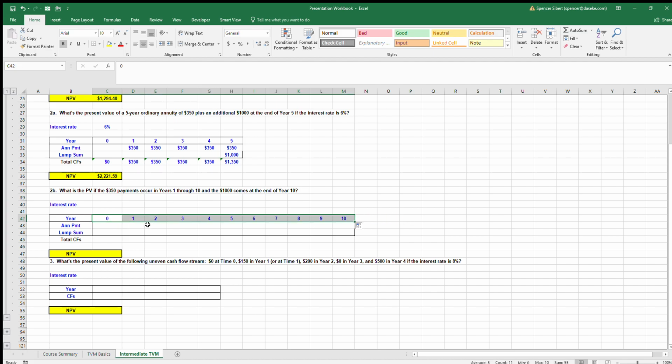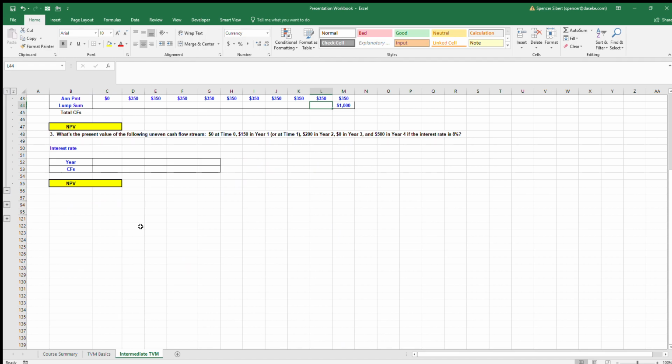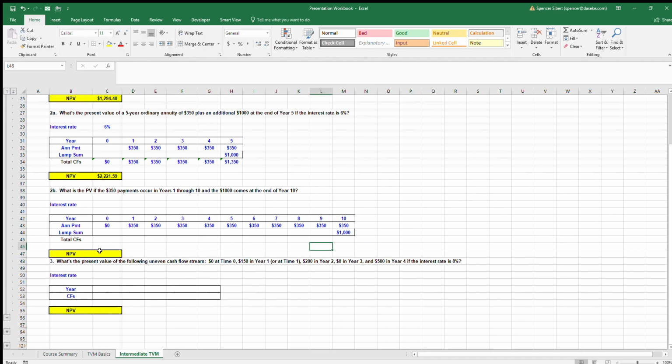Same process, 1 through 10. It's 0 there, 350 from year 1 all the way to year 10, and $1,000 at the end. Equals NPV. Oh, I didn't put it in the right place, and I also didn't do my sum function.